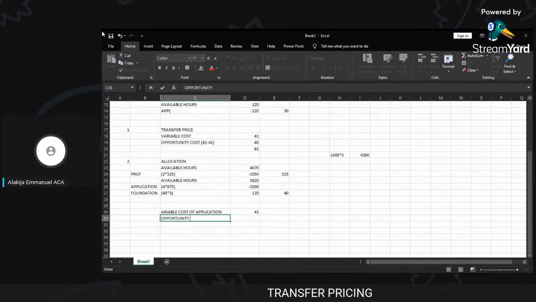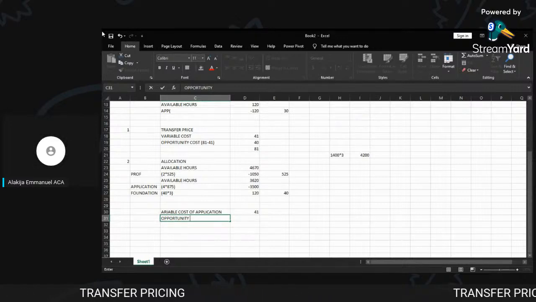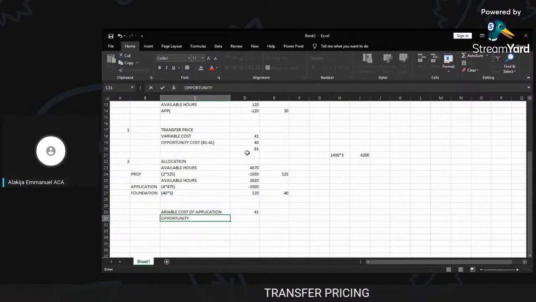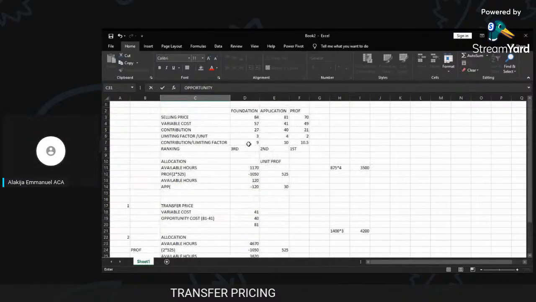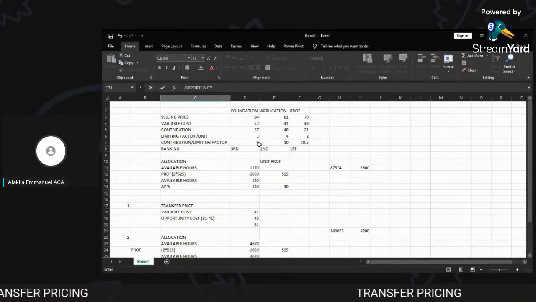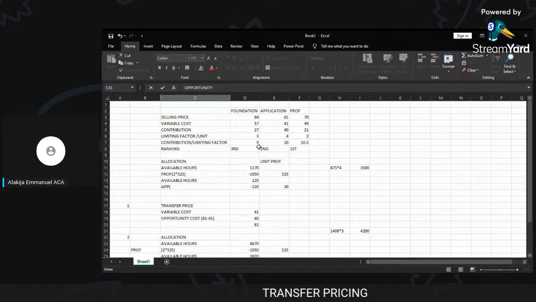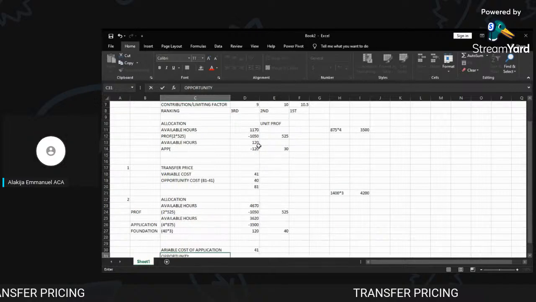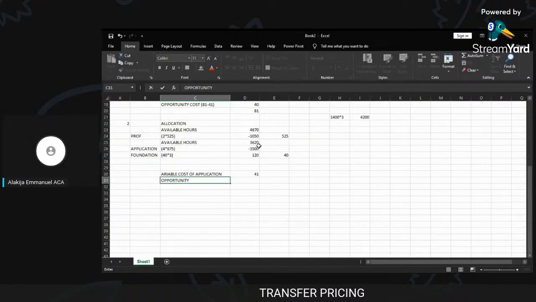And now the opportunity cost is going to be the contribution per limiting factor. The contribution per limiting factor for foundation is 9 naira, and application will be needing 4 hours to produce the product that will be sent to the leverage department.